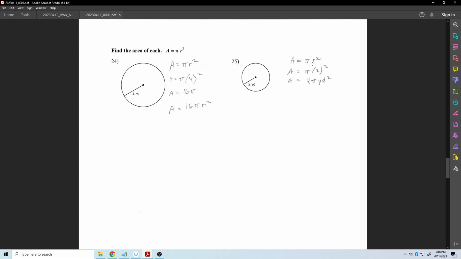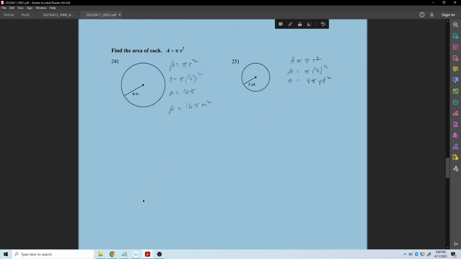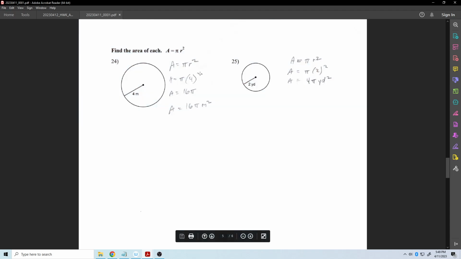In this case, 4 meters. In this case, 2 yards. Squaring means taking the radius 2 times, like 4 times 4, or in this case, 2 times 2, multiplying by itself twice. That's what the square means on the r, being radius.